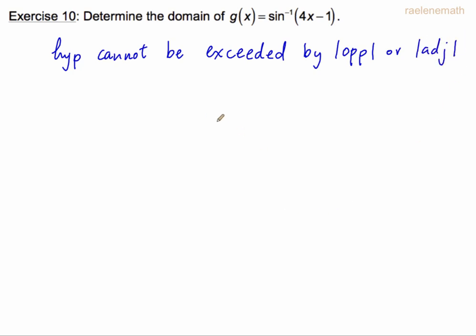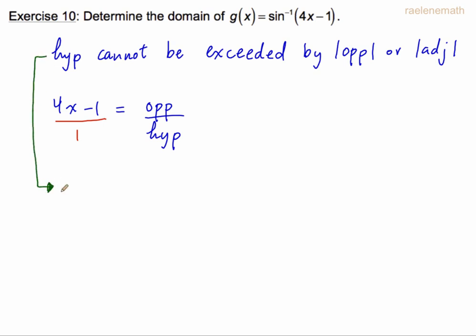And so what we see here, g of x equals sine inverse of 4x minus 1, the 4x minus 1 is opposite over hypotenuse. And so I'm going to make this look like a fraction, making it 4x minus 1 over 1. And so I'm going to take my verbal statement and create an inequality for this.